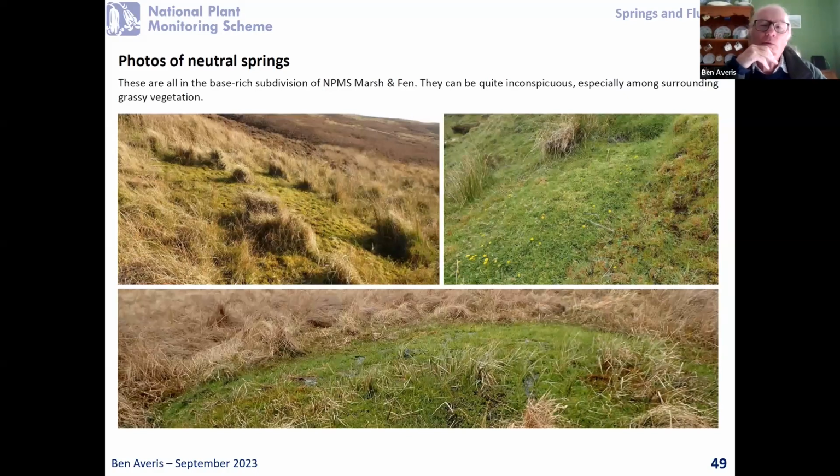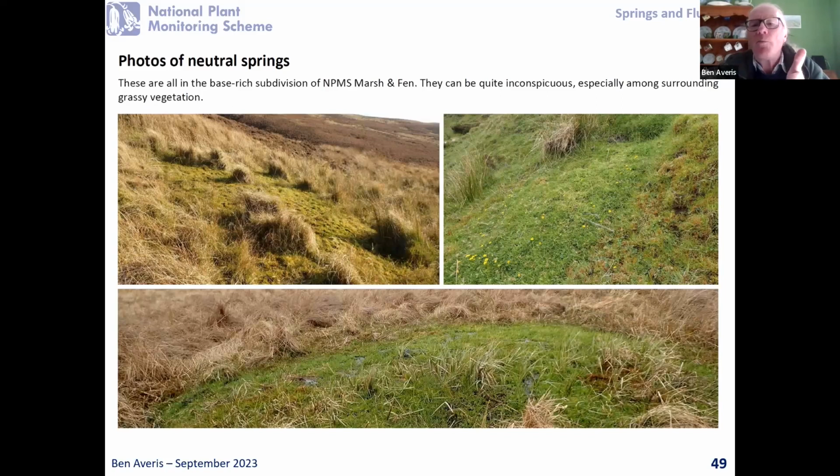Often we get quite a few herbs in these kinds of habitats, and you can see there are little leaves of some rushes and sedges growing in it. So not quite so consistently moss or liverwort dominated. So here we've got, for example, those yellow flowers of marsh marigold in the one on the top right.